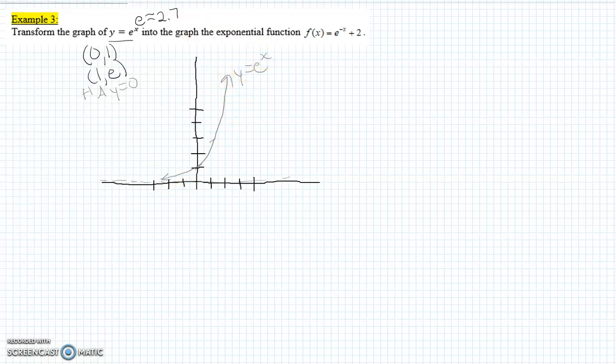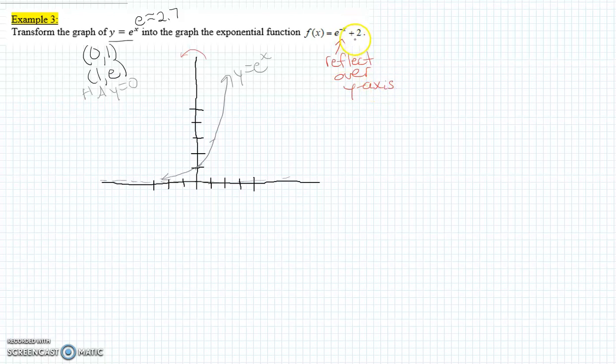Now, to get the graph of e to the negative x plus 2, a couple of transformations need to happen. The negative up there in the exponent: negatives give us reflections, and if the negative is inside of the function, we need to reflect horizontally, over the y-axis.